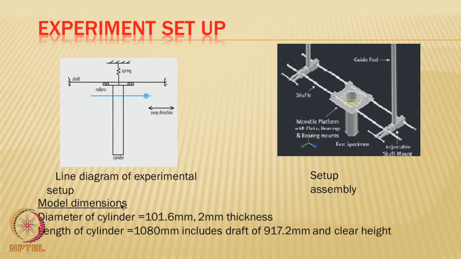The model dimensions as indicated here are the diameter of the cylinder, the thickness of the cylinder, the length of the member which has a draft of about 917, and then the rest is of a clear height.